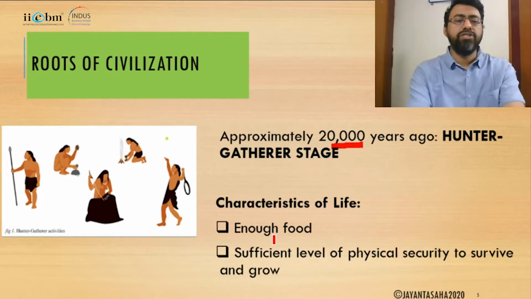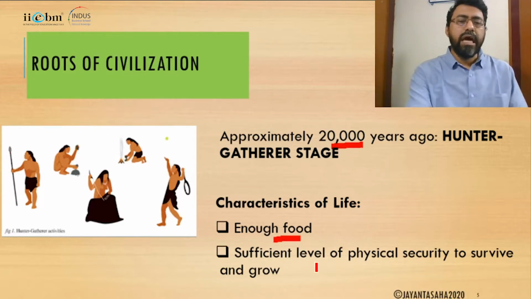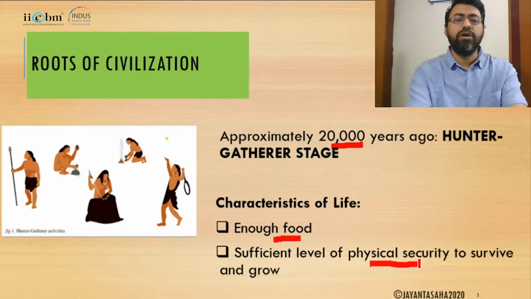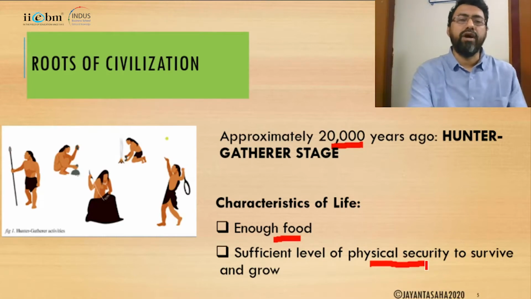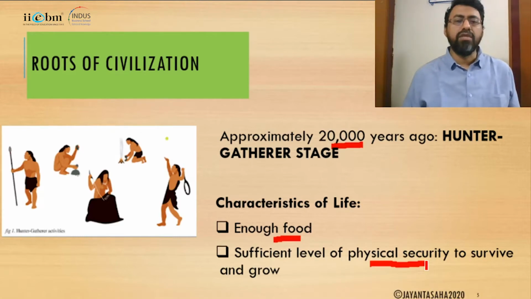Otherwise, as a species or as a group of people, they would not have survived. So there was enough food, and also there would have been a sufficient level of physical security, because if you know how to light a fire, if you know how to guard yourself with sharp weapons against predators, then obviously the characteristics of life were defined by enough food and a sufficient level of physical security to survive and grow.